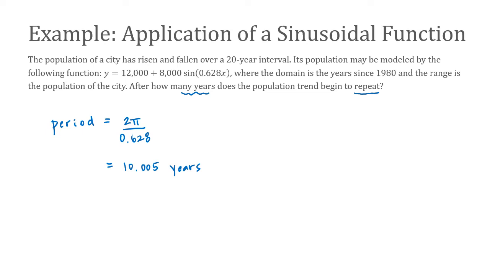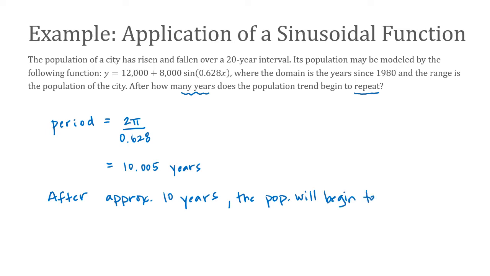So one thing you always want to do with a word problem is you want to answer it with a complete sentence. So I will say after approximately 10 years, they don't tell me if I should round or not, but I'm going to just say approximately 10 years, the population will begin to repeat.